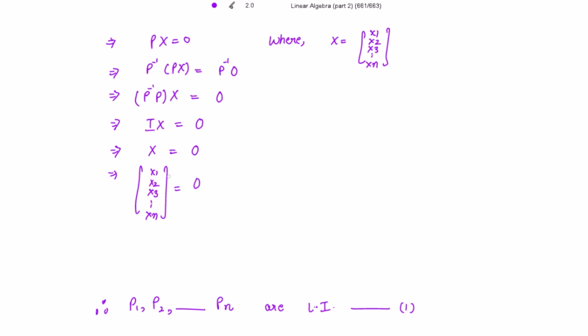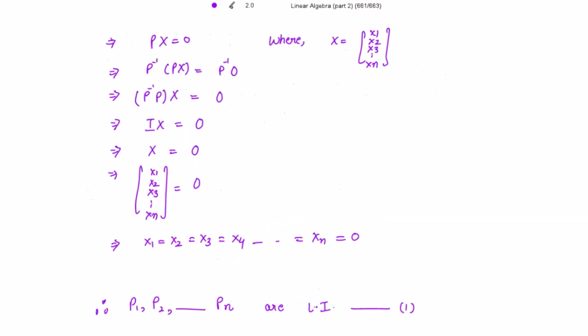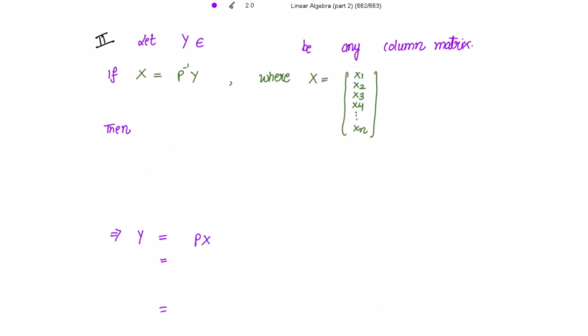If you look at your linear combination of the columns P1, P2, P3, Pn, all the scalars are now equal to 0, which means it is proved that P1, P2, P3, Pn are linearly independent. So the first condition is done.